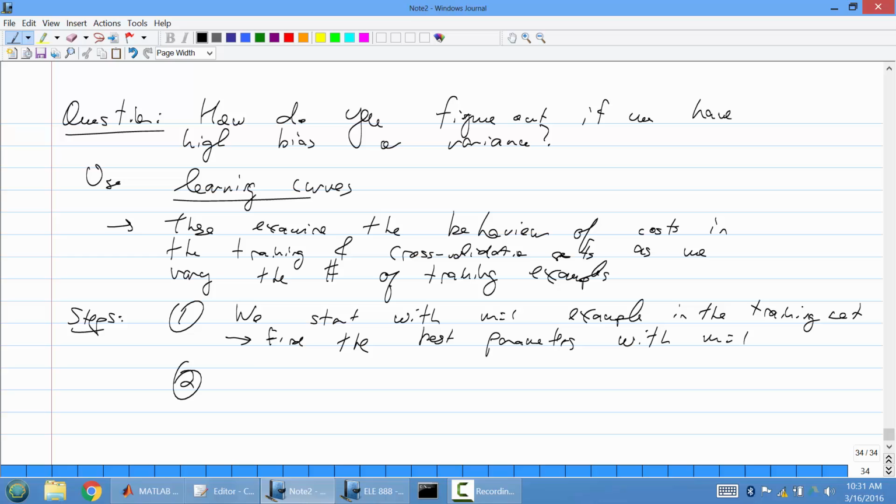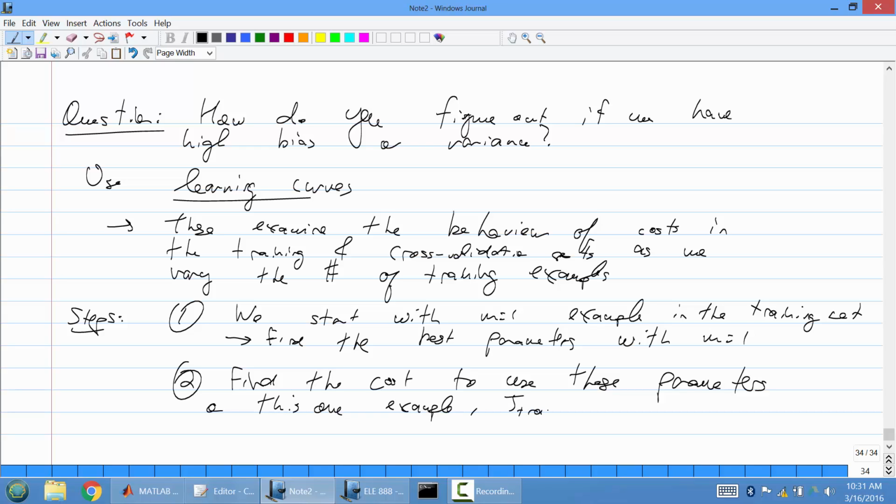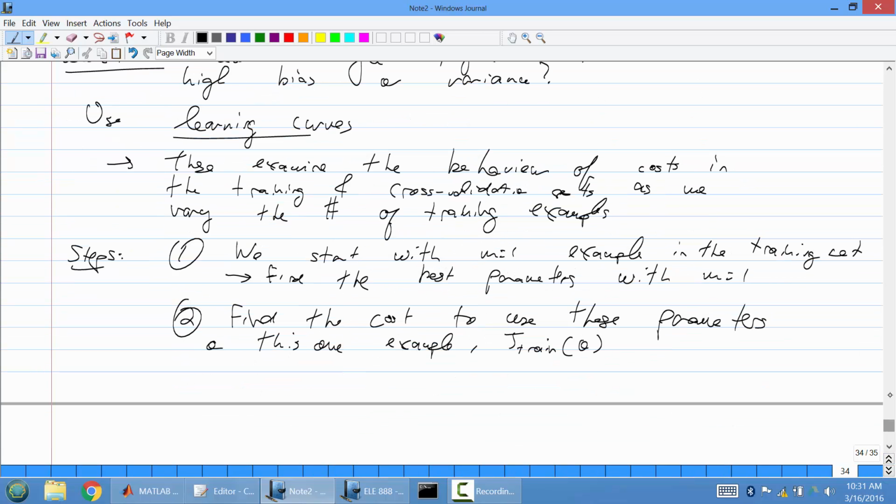Then, step 2, you're going to find the cost using these parameters on this one example, which is called J train. So this will be the cost used to get these parameters to be associated with your data.